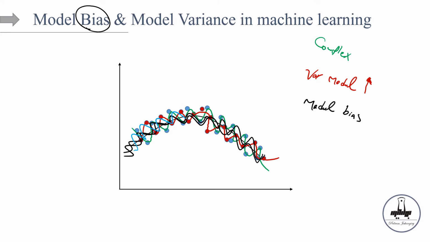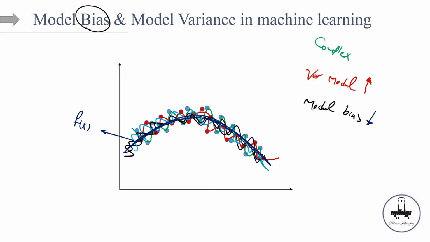Maybe this blue one is another one. But as you can see, on average, it is capturing the true relationship in the data, which was that black f of x, right? So the model bias is going to be small, because on average, it's capturing the true relationship, that nonlinear curve in the data, right?